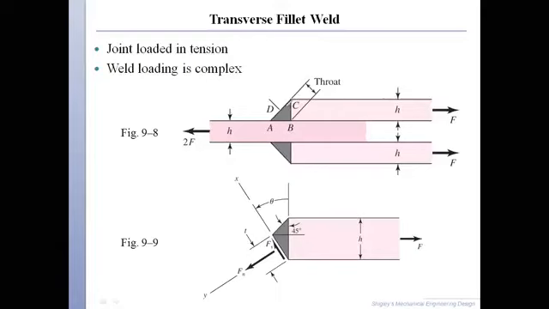Okay, so if we look here, what is this length over here? And if I draw lines, what will be the minimum thickness that I will have in here? Where will it be?